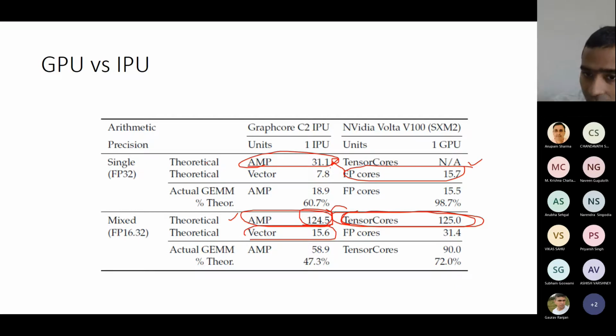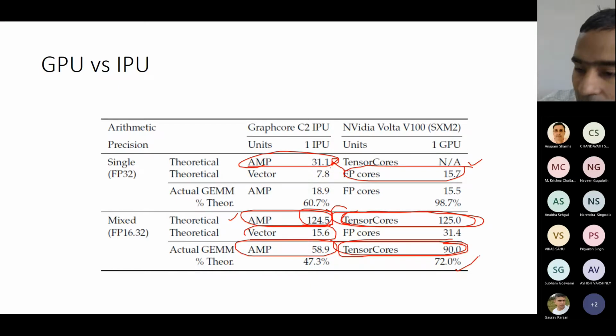So this is the theoretical performance, and this is the actual performance that you obtain on matrix multiplication. Here it obtains only 58.9 teraflops per second, whereas the GPU can obtain 90. That means it can achieve a higher fraction of the peak performance. GPU has a better utilization than IPU.